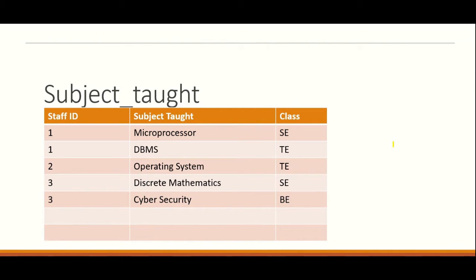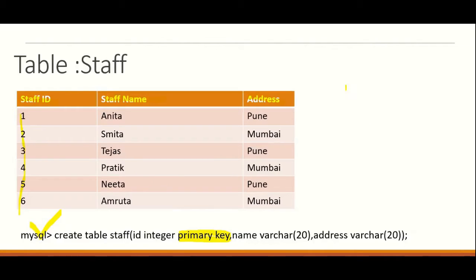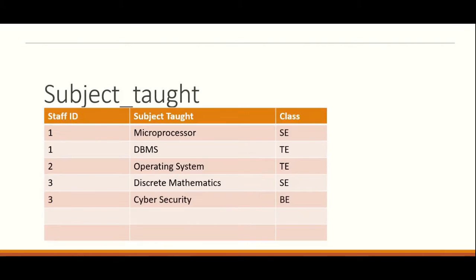Now how to add a foreign key constraint? If you have two tables and you want to link information in them, like in the staff table you have recorded information about staff, and now in another table you want to record information about subjects taught by that particular faculty. Here, staff ID and subject taught.